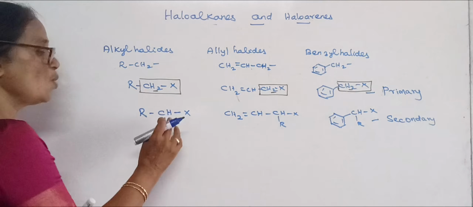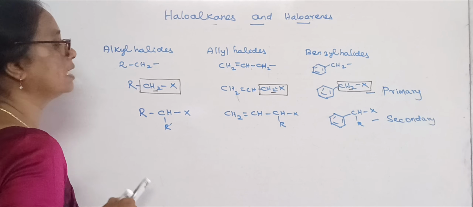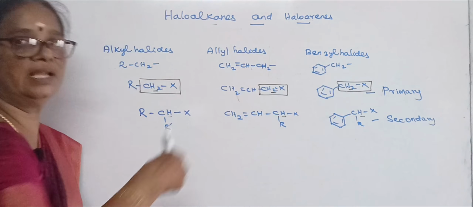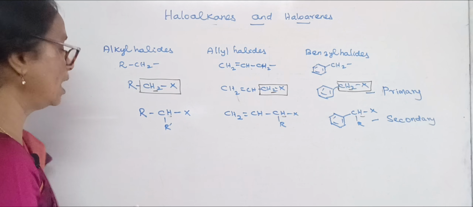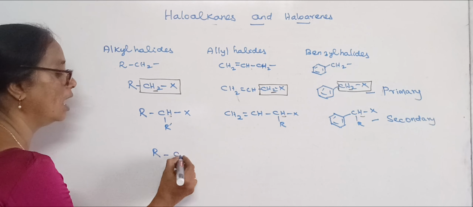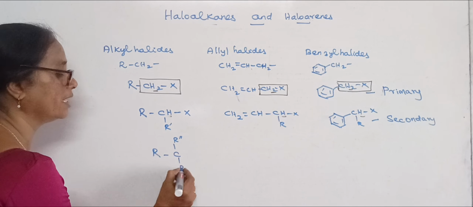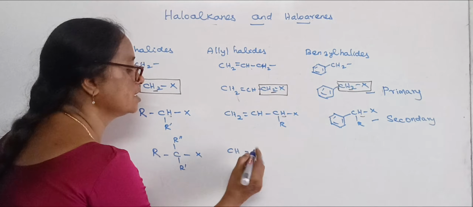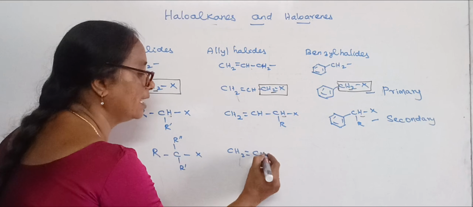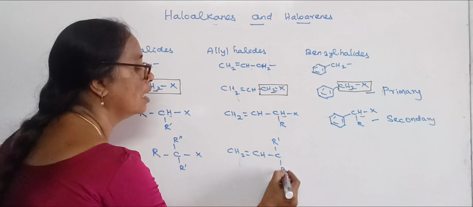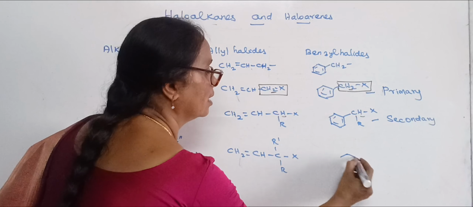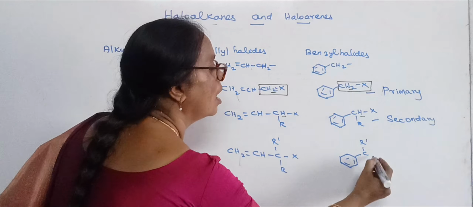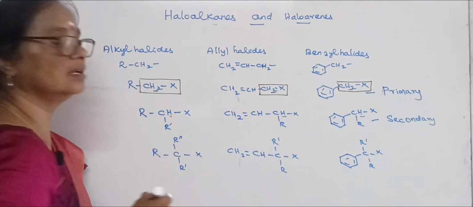Next, I have one more hydrogen in the functional carbon. So this hydrogen is also being replaced by one more alkyl group. So what I will get, R, C, R2 dash, here R dash with the X. Similarly, I can have CH2 double bond CH, C, R dash, R with the X. Here I can write C6H5 C R dash R X. So these are the compounds.